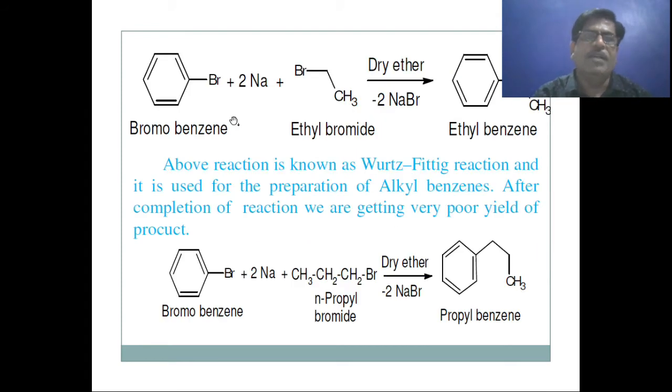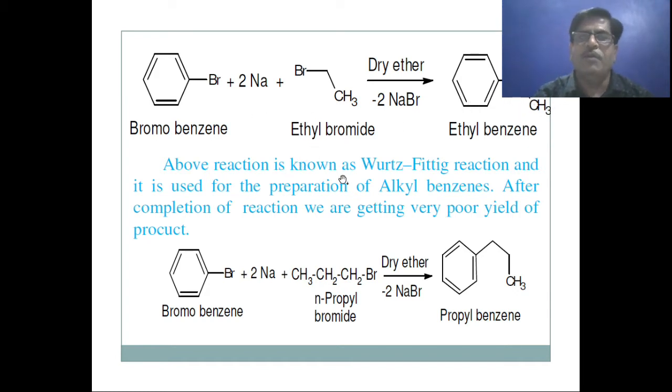Another example: here we take bromobenzene in the presence of ethyl bromide and sodium in dry ether, and this bromobenzene is converted into ethylbenzene. So the halide is converted to an alkyl group.